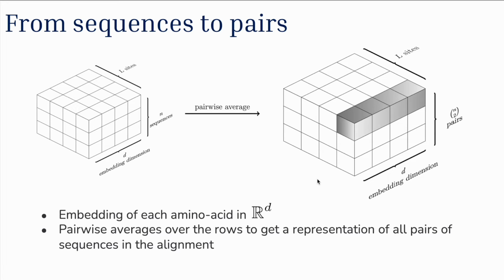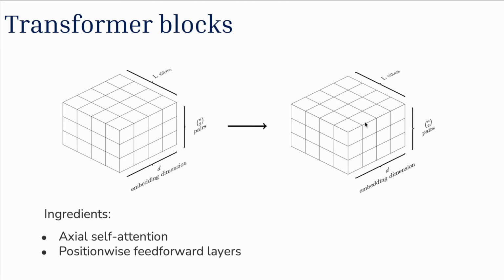In particular, the vector representations of a site in a pair of sequences will be those that we will be mainly working with, processing them either independently through point-wise feed-forward layers, namely applying again the same linear functions intertwined with nonlinearities to each of them, or allowing them to interact with each other through the self-attention mechanism.